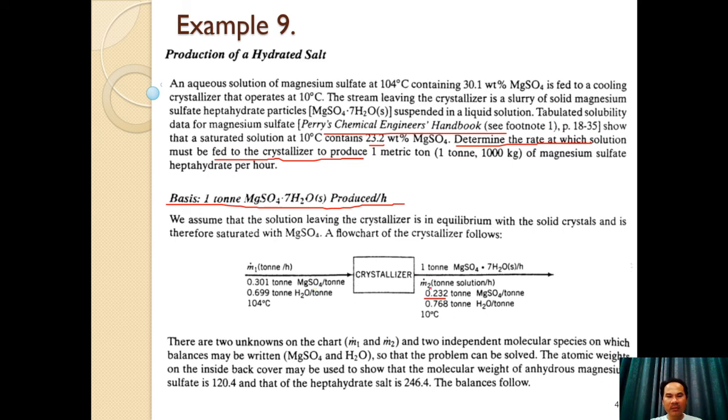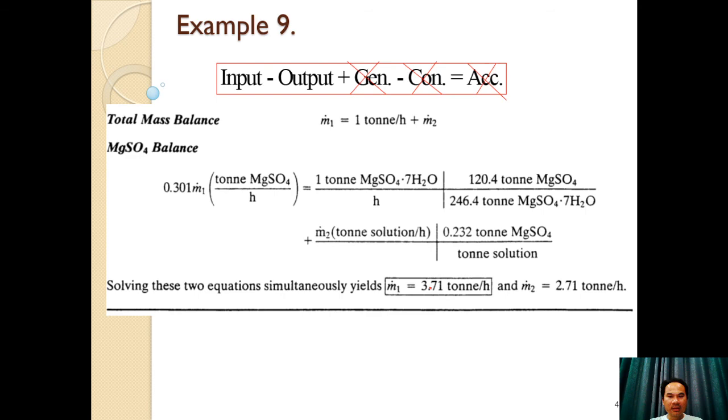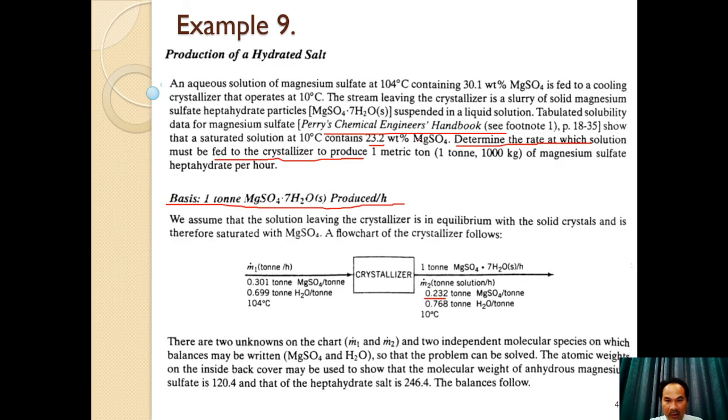The output you have to calculate based on the solubility of magnesium sulfate, which is shown already from the chemical engineering handbook, with the solubility at 23.2 weight percent magnesium sulfate. Right? Fraction of magnesium sulfate is 0.232 and the other is 0.768 water. Okay. Composition of input, composition of output.